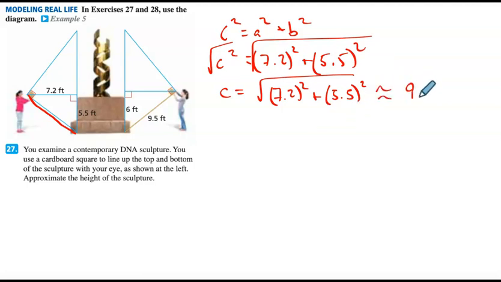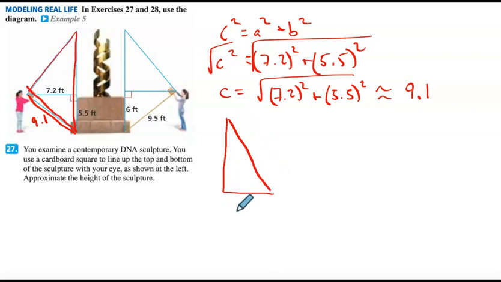I get about 9.1 if I'm rounding to the tenths place. Okay, so now for the big triangle, if I'm visualizing this big triangle here, which is this, right? I have the bottom base, which is 9.1, and don't know the height, I'll call that x.